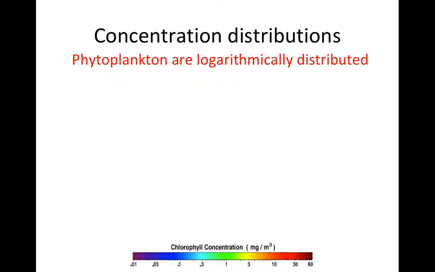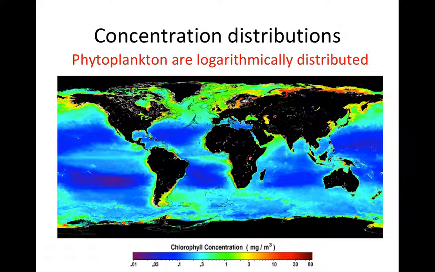So the one thing we should also note is that plankton concentrations, phytoplankton concentrations, are logarithmically distributed. By this I mean that they vary from very, very small right up to very, very large, and the increase that you'll get is not linear.